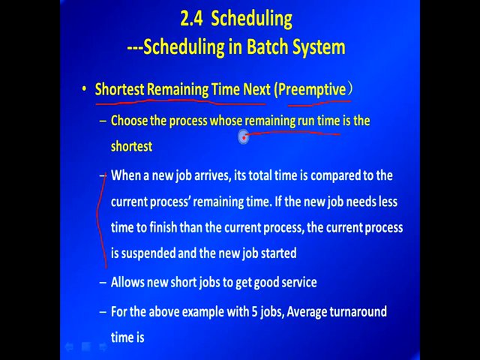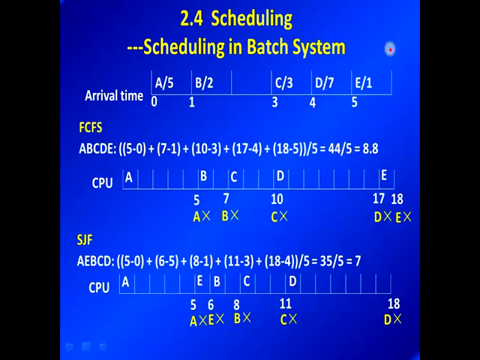Every time we need to choose a process to run next, we just choose the process whose remaining runtime is the shortest. This is the basic idea of shortest remaining time next. So let's go back to this axis.